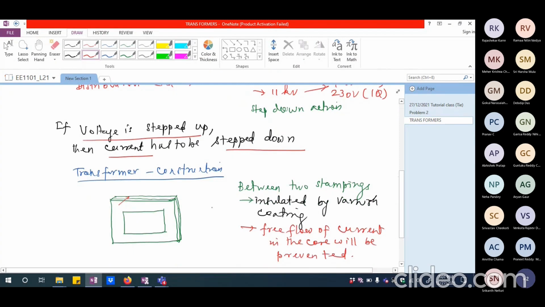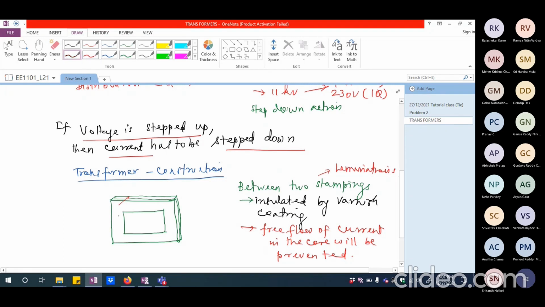So these can be called as stamping, or some people call it as lamination. So you are going to have multiple laminations, and the laminations will be stacked together with insulator in between, and then it is made in the form of a complete core. So this is the core.